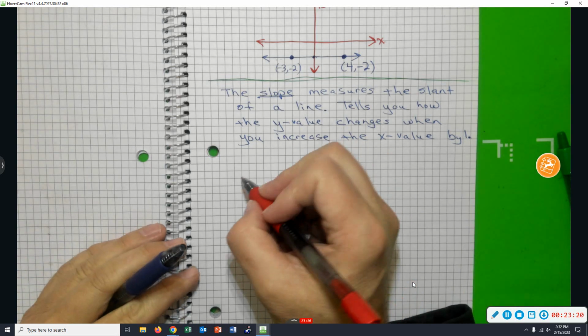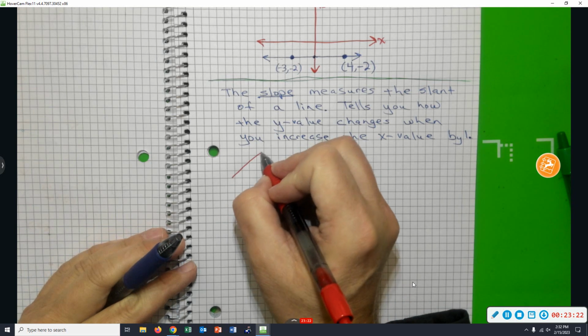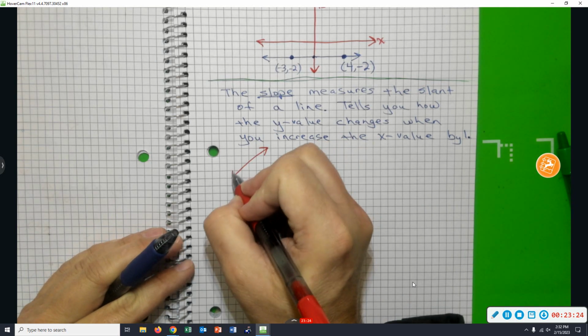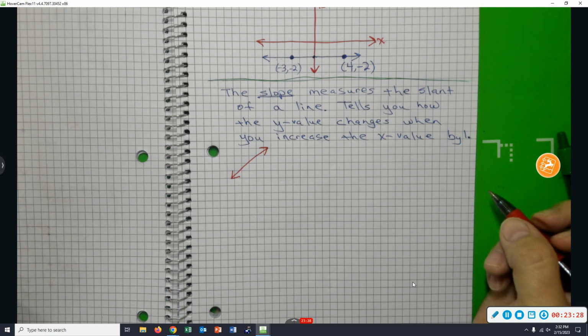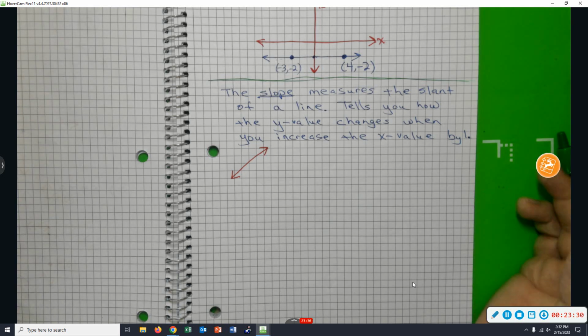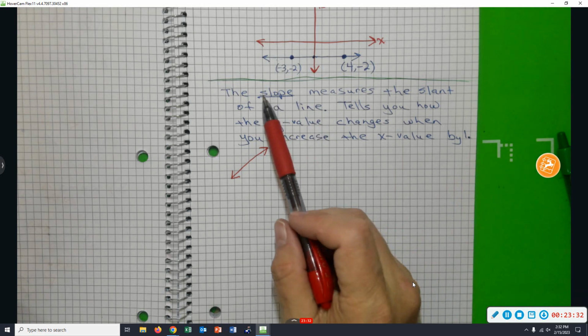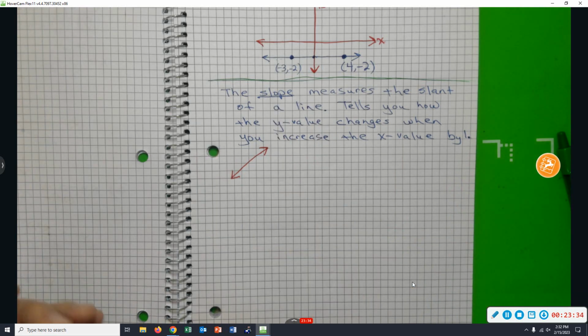We're going to see that if a line is rising from left to right... I guess I should have mentioned that we use the letter M to represent the slope of a line. We don't use an S. This S is a terrible variable. It looks like a 5.